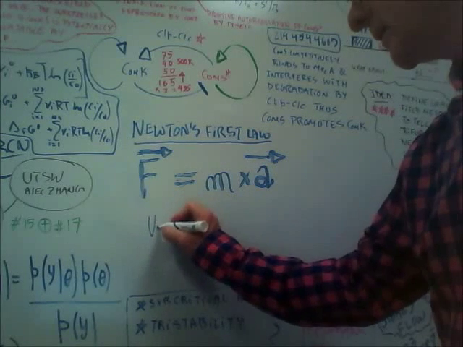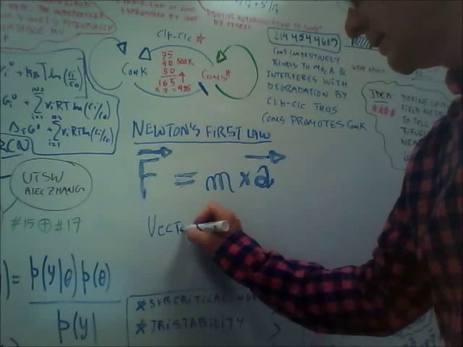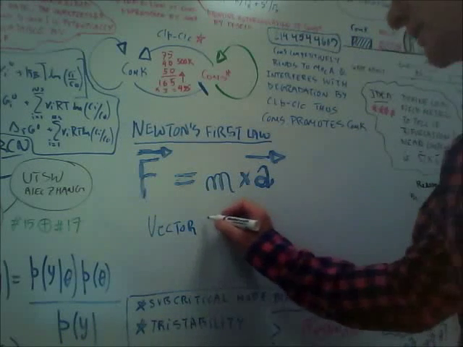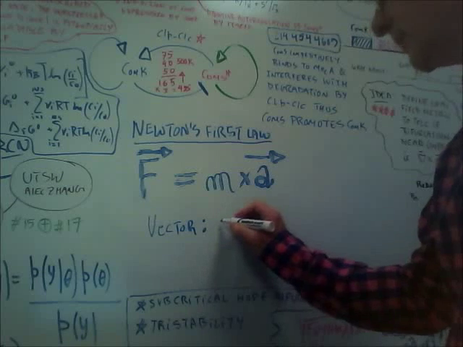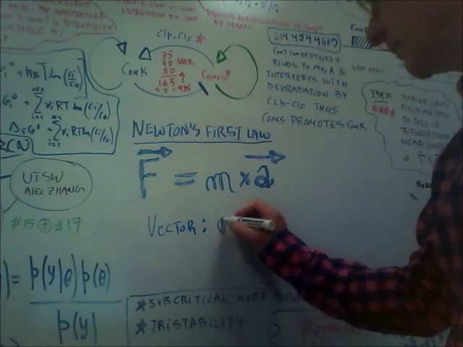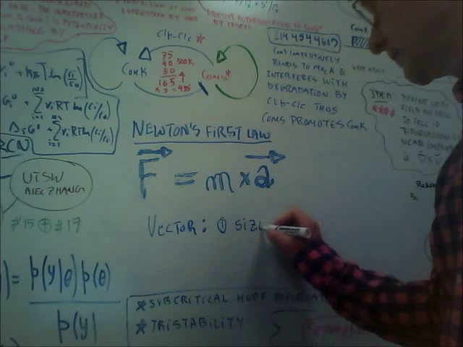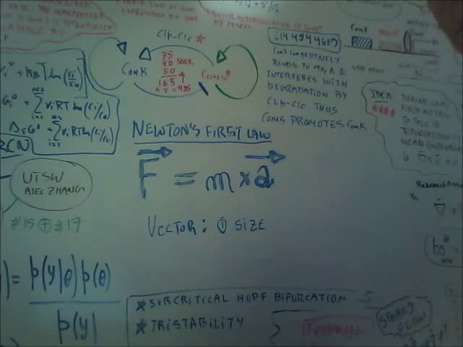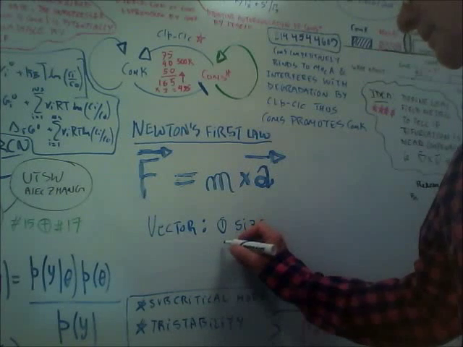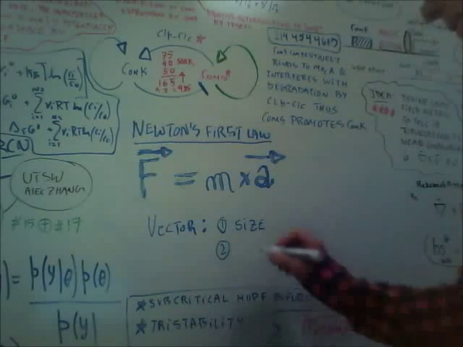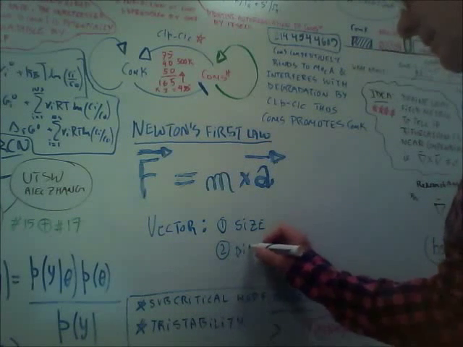So a vector is a quantity that has two attributes. Number one, it has a size. How big is it? And number two, it has a direction.